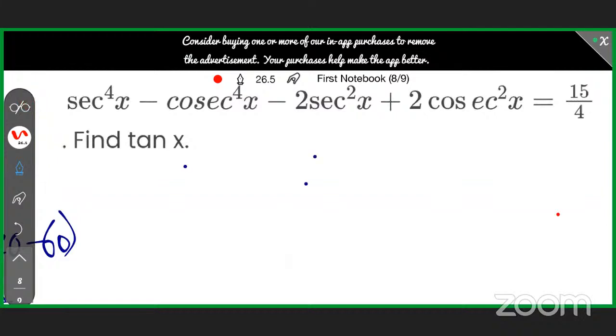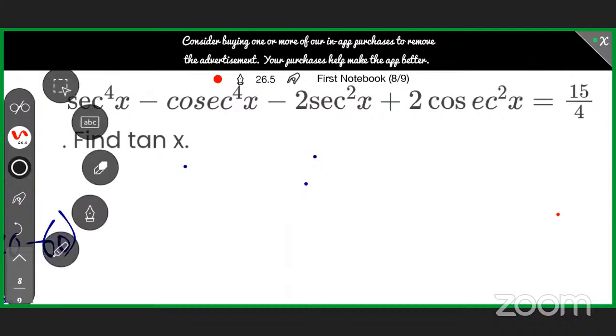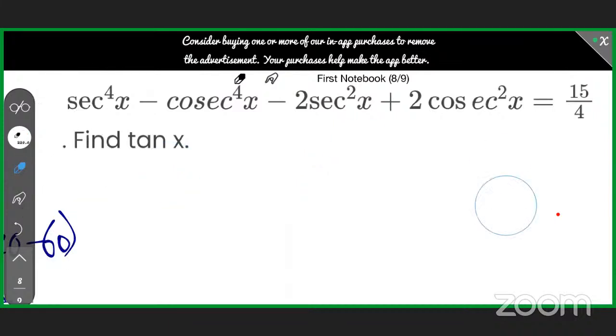The question is secant to the power of 4x minus cosecant to the power of 4x minus 2 secant square x plus 2 cosecant square x equal to 15 by 4. Find tan x. So let us try to solve this problem.